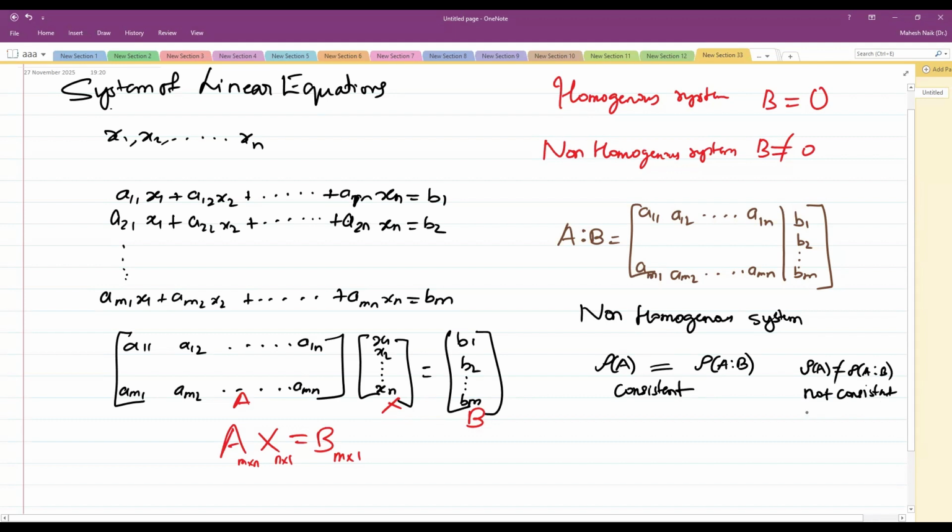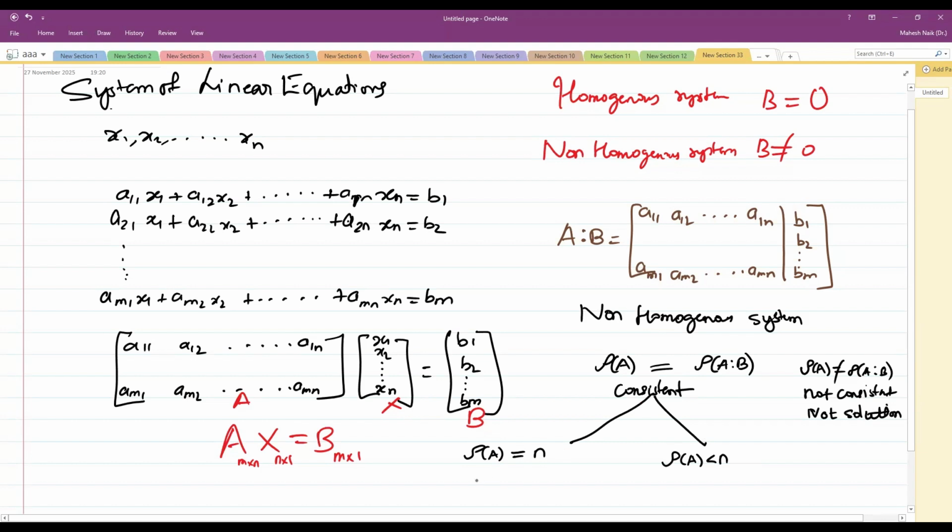If the system is not consistent, by default there will be no solution. But if the system is consistent, consistency guarantees a solution of the system, but there is again a possibility where the rank is equal to the number of variables, so equal to n, or the rank of A can be less than n.